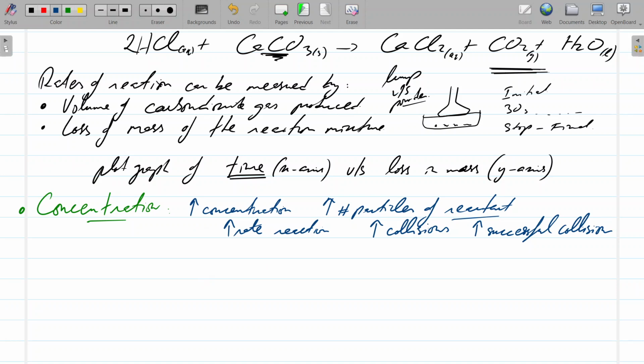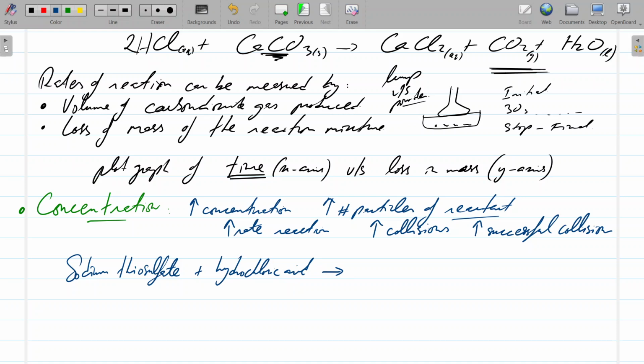Now, what's the experiment that they do for this, right? So what they do is they take two liquids. One of them is sodium thiosulfate. So sodium thiosulfate plus hydrochloric acid, right?